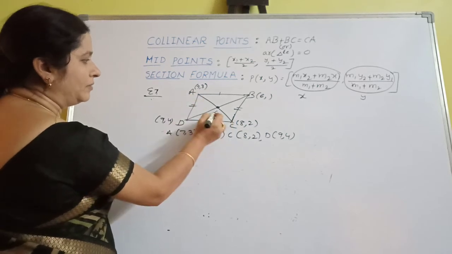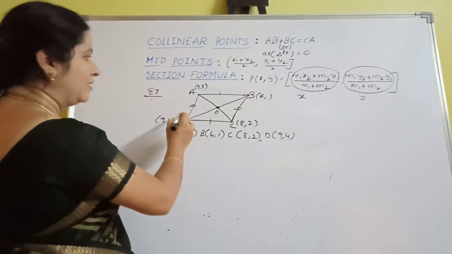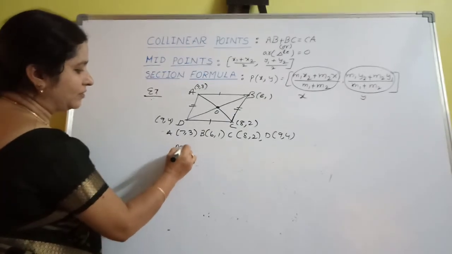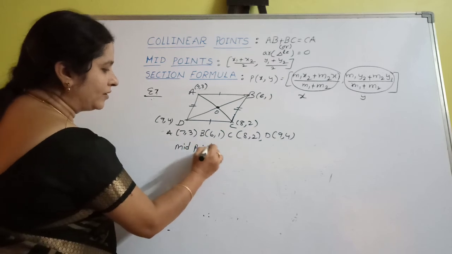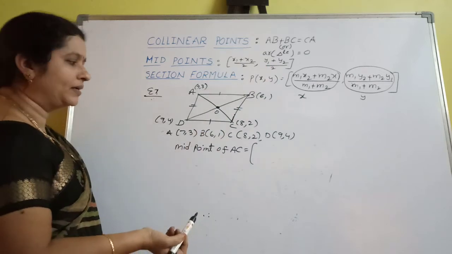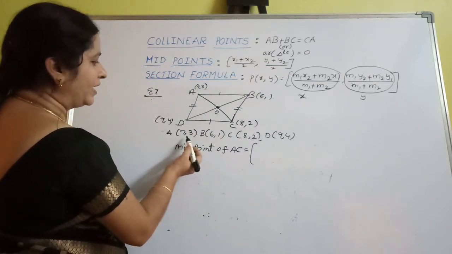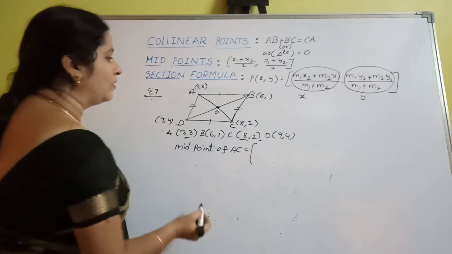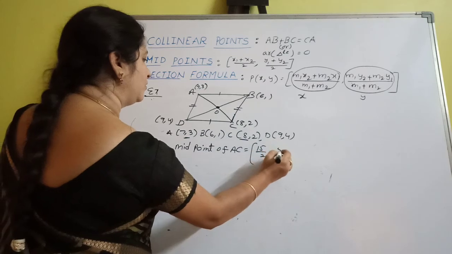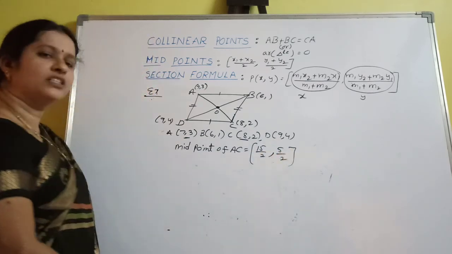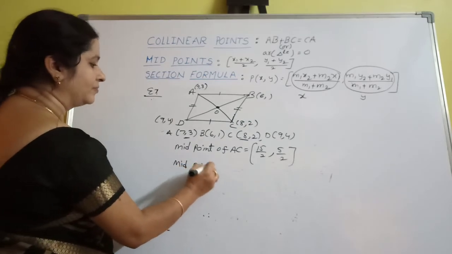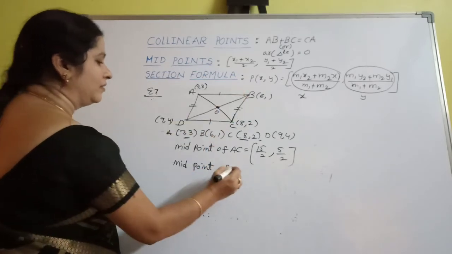What about the midpoint? Let it be O. Equal means AC midpoint is equal to BD midpoint. So midpoint of AC equals, using the formula (x1 plus x2) by 2, (y1 plus y2) by 2. AC means you take A and C only: 7 plus 8, 15 by 2, and 3 plus 2, 5 by 2. So this is the first midpoint. Second, you find the midpoint of the second diagonal, BD.